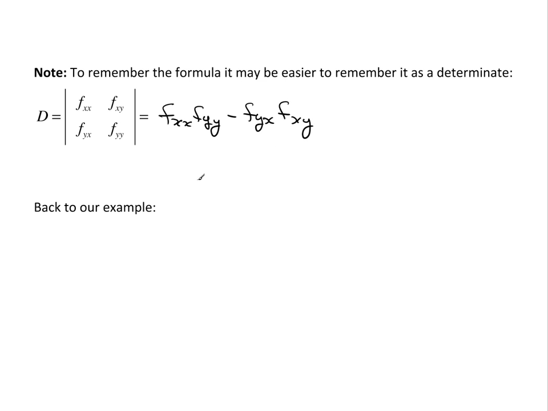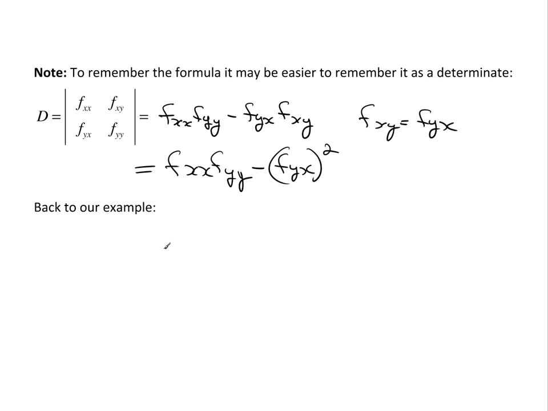But remember, these functions have to be continuous to begin with. If we don't have continuity, then we're not even talking about this. So by Clairaut's theorem, these two are equal: f xy equals f yx. So what that gives me is f xx f yy minus f yx squared.